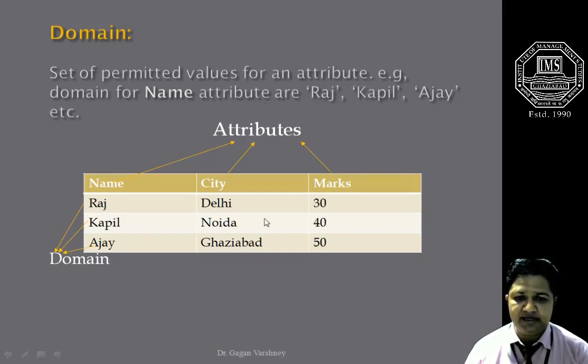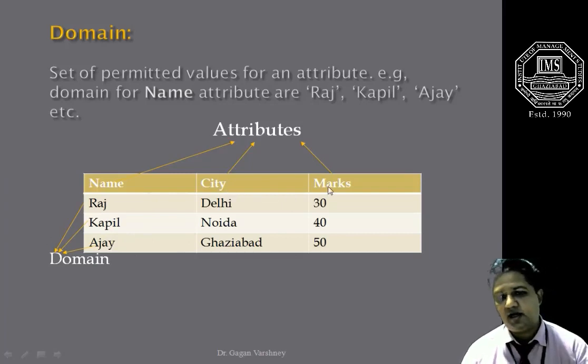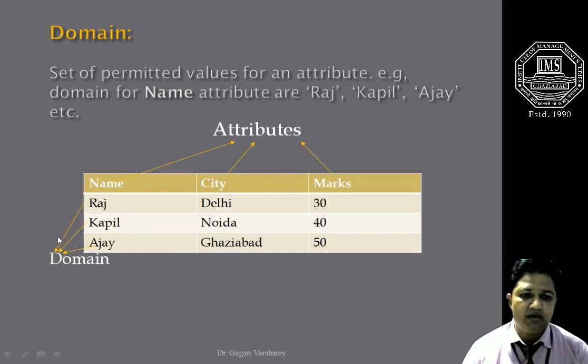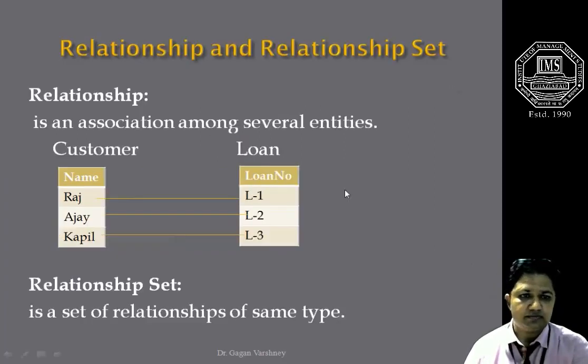In this table, name, city, and marks are attributes, while Raj, Kapil, and Ajay is the domain for the name attribute. Similarly, Delhi, Noida, and Ghaziabad is the domain for the city attribute. Similarly, 30, 40, and 50 are the domain for the marks attribute.